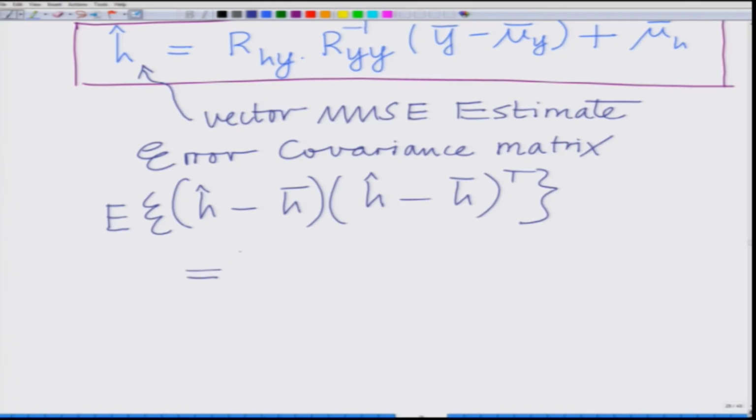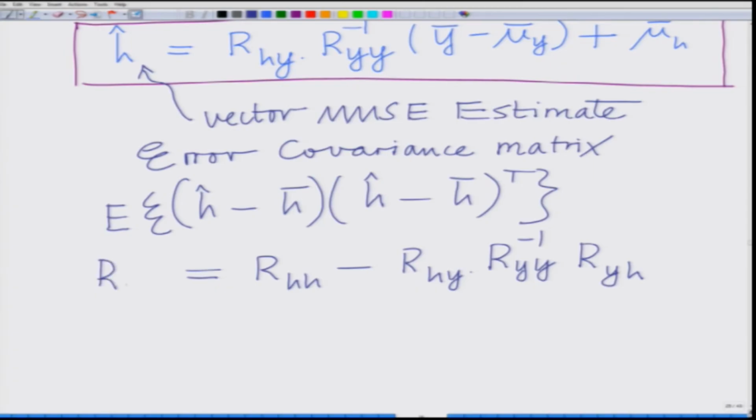Again, instead of the variances and covariances, I replace them by the covariance matrix and cross covariances, and write this as R H H minus R H y, R y y inverse, times R y h.